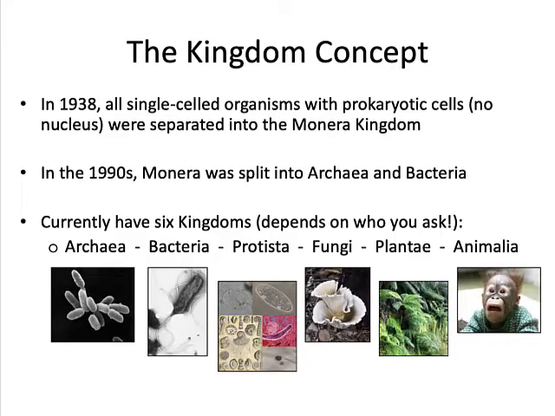In 1938, all single-celled organisms with prokaryotic cells were separated into Monera, but then in the 1990s, Monera was done away with and split into two separate groups, the archaea and the bacteria. And we currently have 6 kingdoms, and for the purposes of this class, we're going to follow a 6-kingdom system. But again, it depends on who you ask, because one of these kingdoms, the Protista, is actually an artificial designation. Based upon current research, the Protista could be exploded into multiple kingdoms over the next few years or decades.